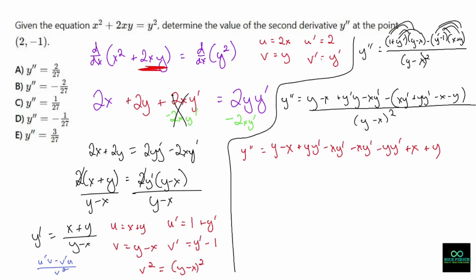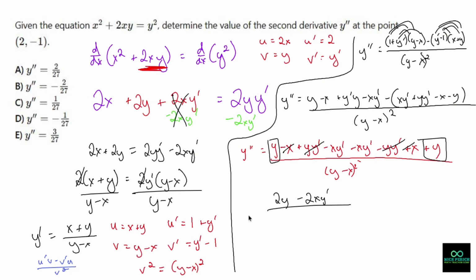By the way, I forgot to write out the denominator. Again, I'm not changing it, not yet. Okay, so let's see what disappears. We've got the y's unfortunately combined, so the numerator will become 2y up top. The x's disappear. The y primes disappear, and you become minus 2x y prime over (y minus x) squared.